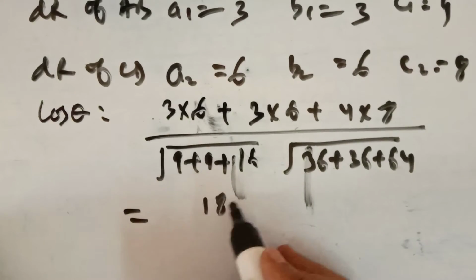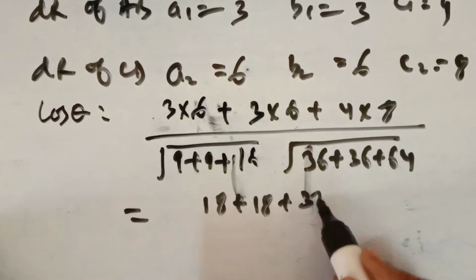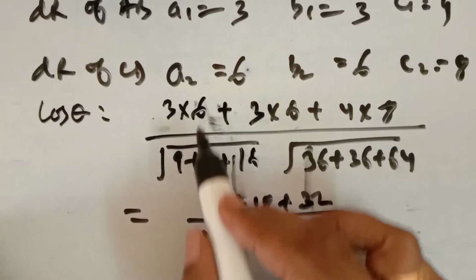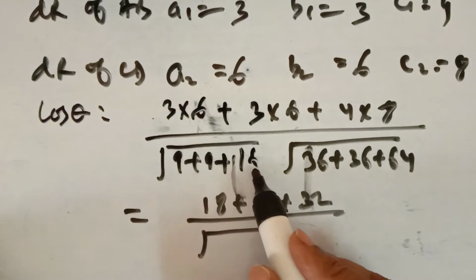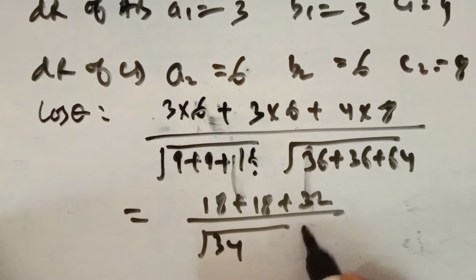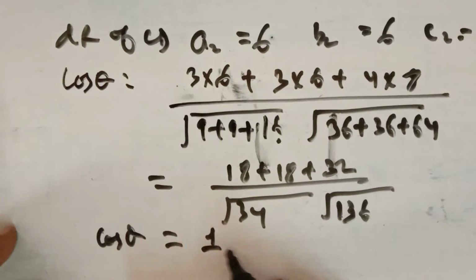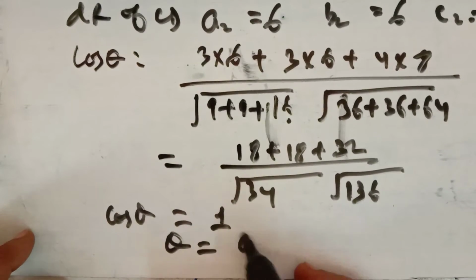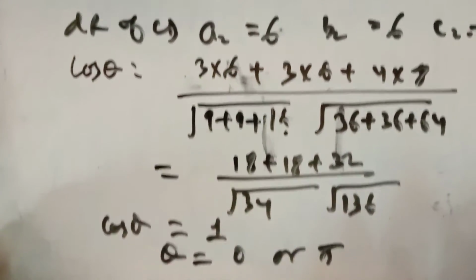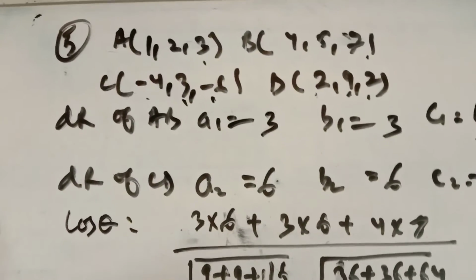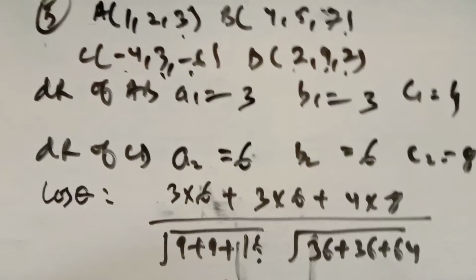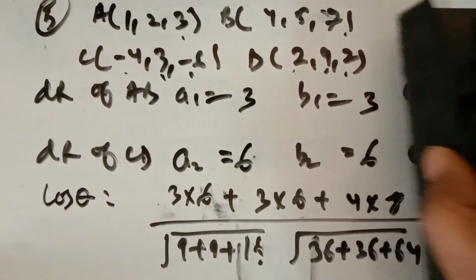It will be 18 plus 18 plus 32 upon 9, 9, 16. That is 18 and 18 is 36, plus 32 is 68, upon 100, 136. When you solve it, you will get the value of cos theta as 1. So when cos theta is 1, it means 0 or 180 degrees is the angle between these two lines. So like this, you have to find the angle between two lines whose coordinates are given.